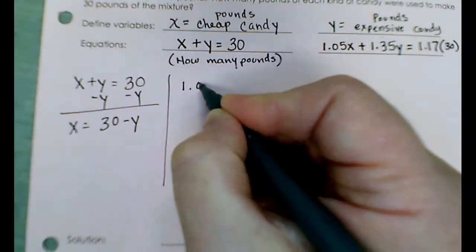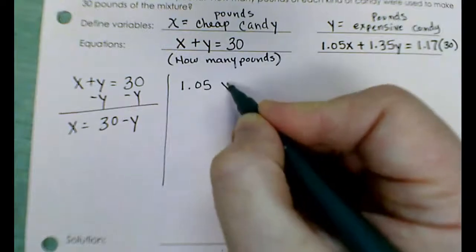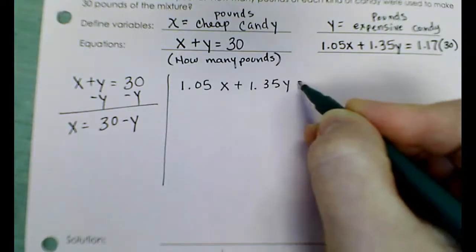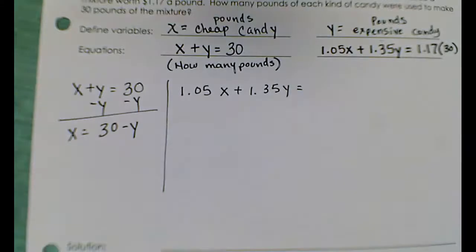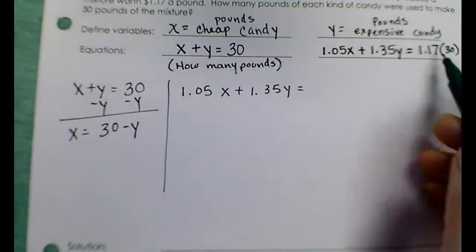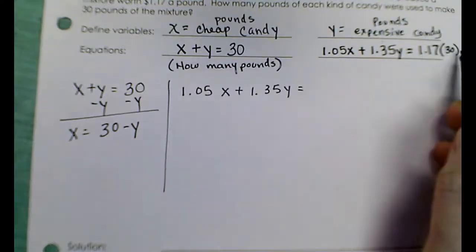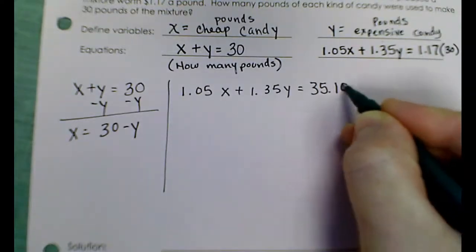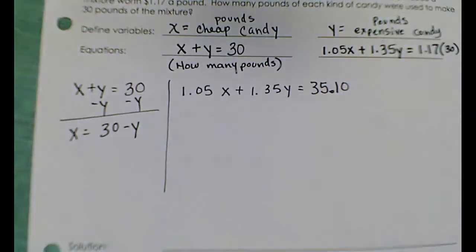Then this is your second equation, and I'm going to go ahead and multiply 1.17 times 30, and so when you multiply 1.17 times 30, that is $35.10.